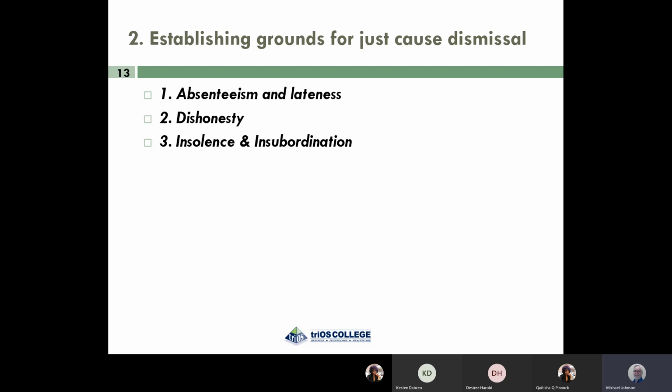And insolence and insubordination, it's literally like a disease. You can even say it's like a virus, because it will go through that company so fast. Other people will begin to do the same thing, and they'll show disrespect for their managers or their supervisors. So you can't allow this, period.